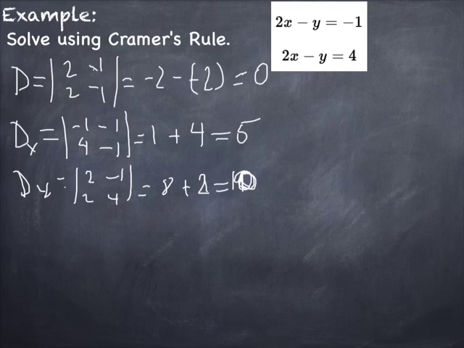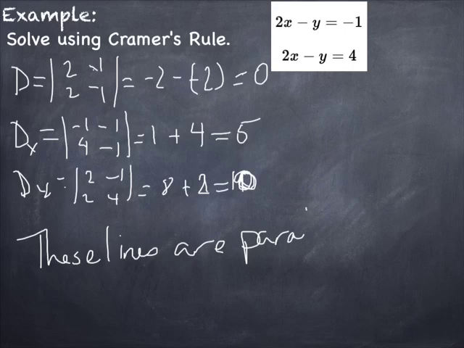But either way, it's still not 0. Since D is 0 and Dx and Dy aren't 0, these lines are parallel. Lines are parallel, so there is no solution.